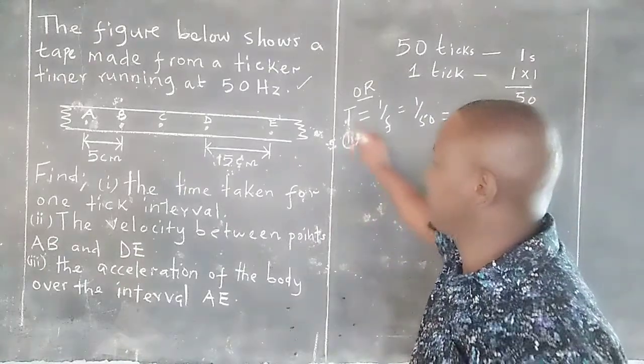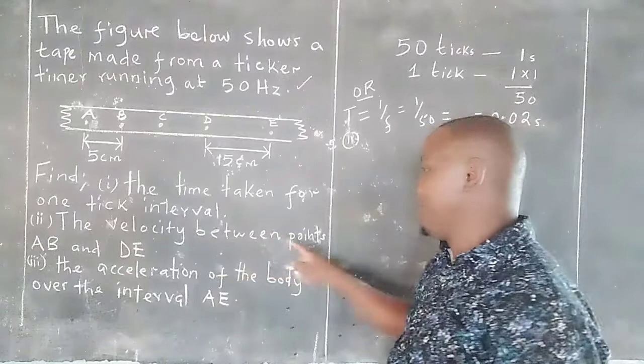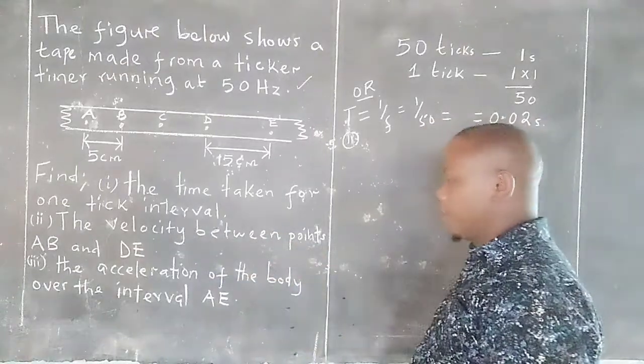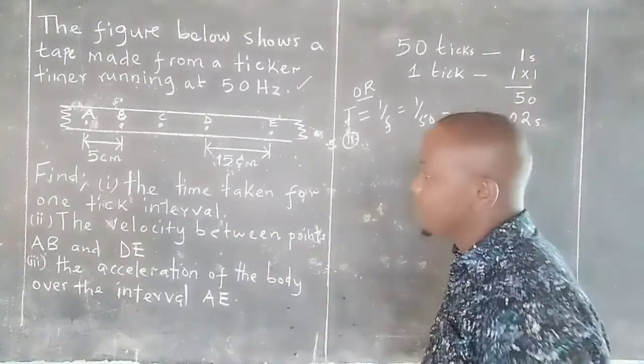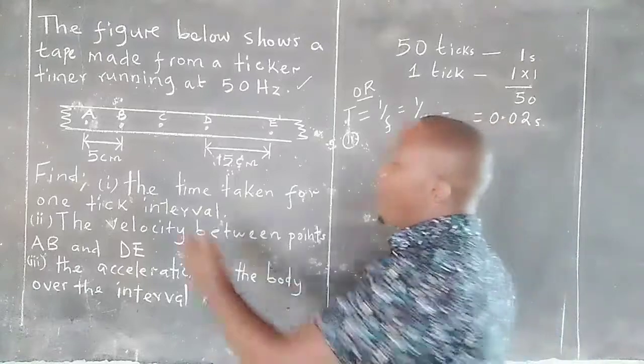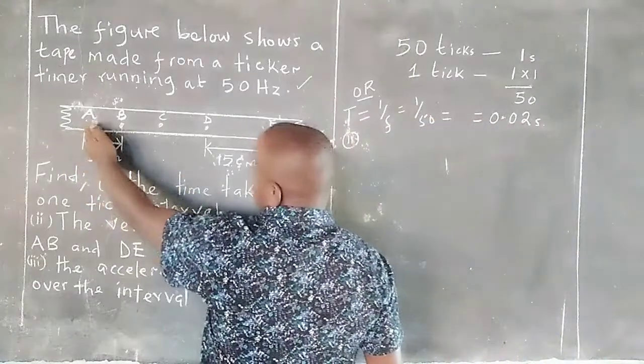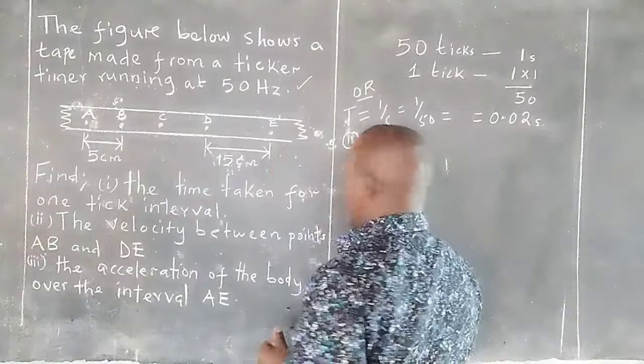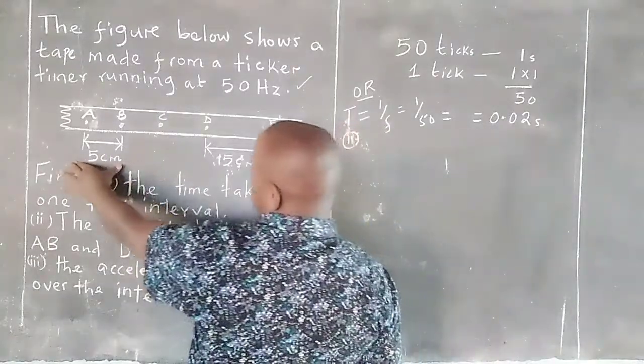Part 2, we are finding the velocity between points A, B, and also the velocity between points D, E. From one interval to the other is 0.02 seconds, and we have a distance of 5.